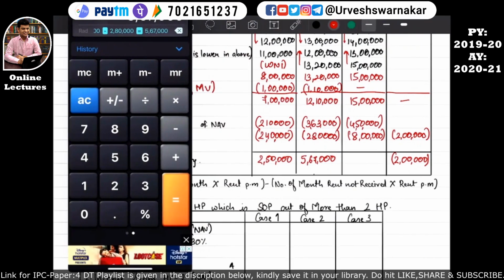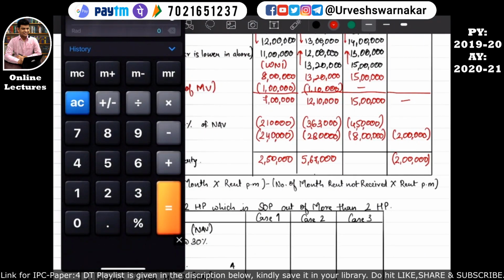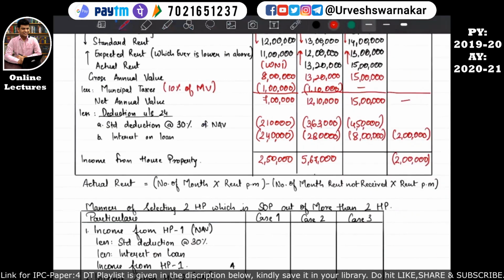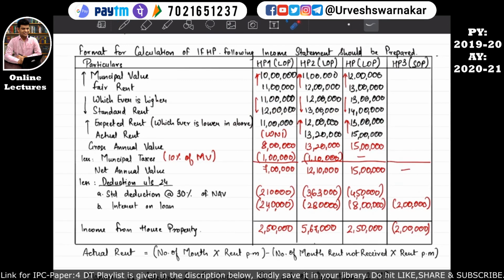So let's calculate the income from the house property that was constructed. 15 lakhs minus 4 lakh 50,000 minus 8 lakhs, which is equal to 2 lakh 50,000. I hope this is quite clear to you all by now. As you can see, there is a loss in this house property number 3, which is a self-occupied house property.